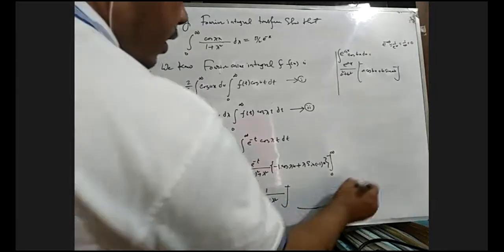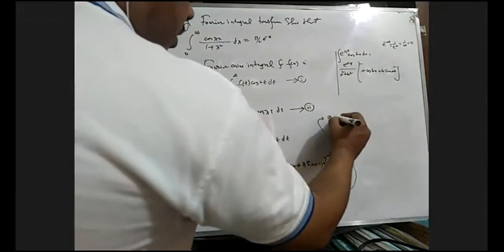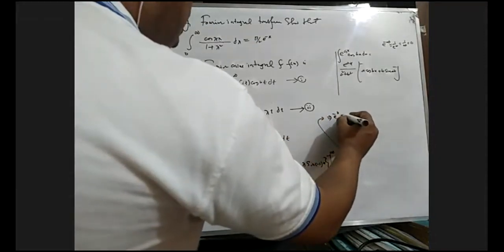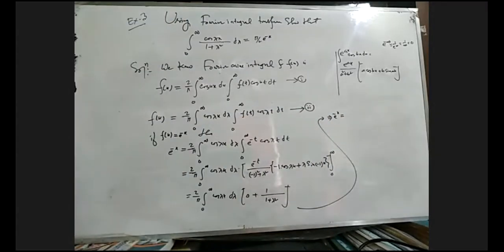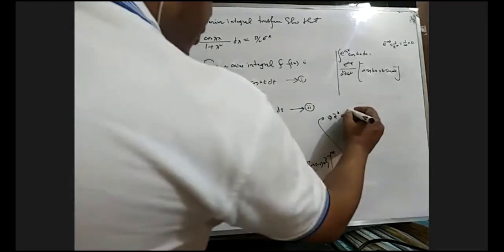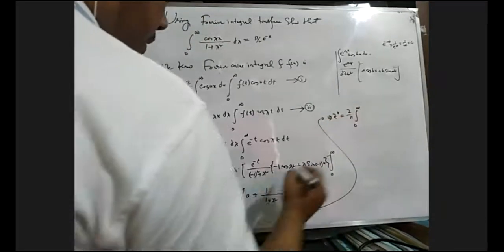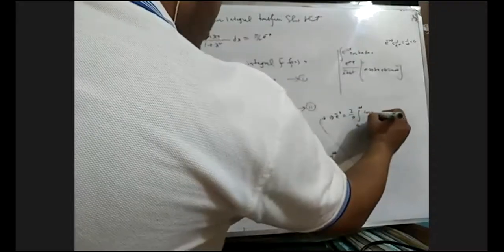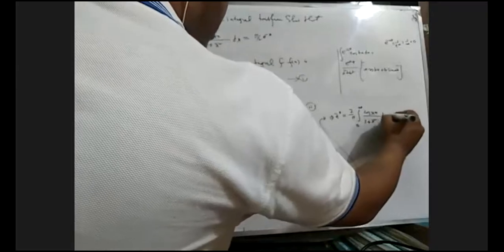So after this line, e to the power minus x equals what will be? 2 by pi, integral 0 to infinity, cos lambda x divided by 1 plus lambda square d lambda.